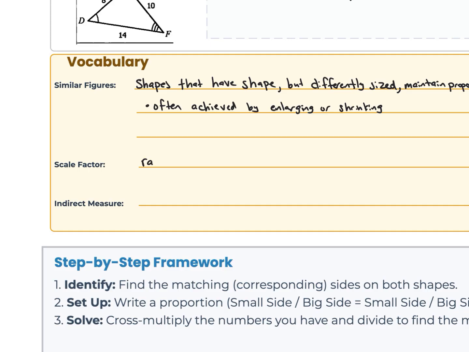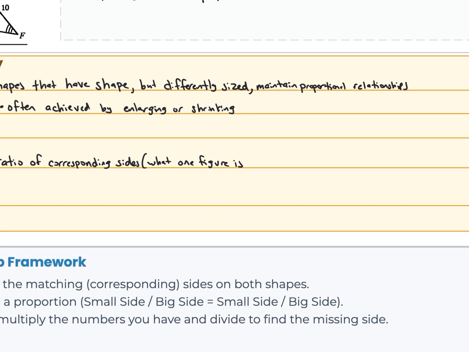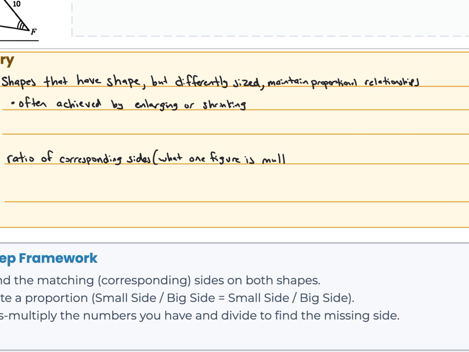It's formed by a ratio of corresponding sides, but what you want to think about is what one figure is multiplied by to get the other.